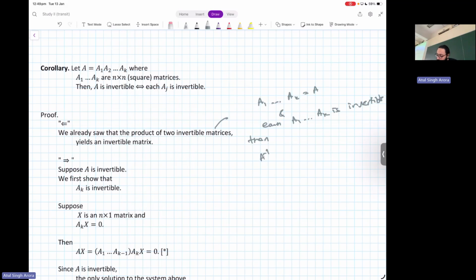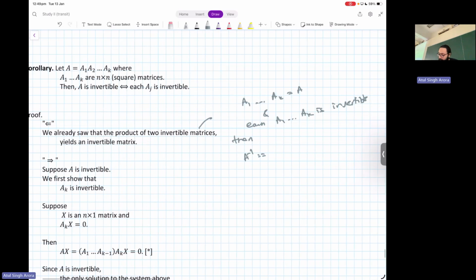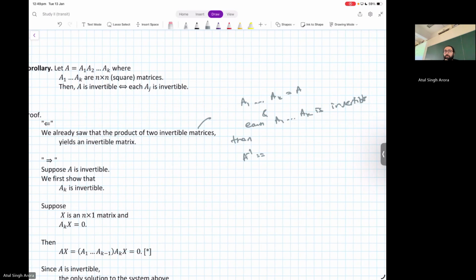Then A inverse is, exactly, AK inverse, AK minus 1 inverse, and so on, down to A1 inverse. It's simply because we're going to multiply A inverse with A, and it will start cancelling things. Is that okay?